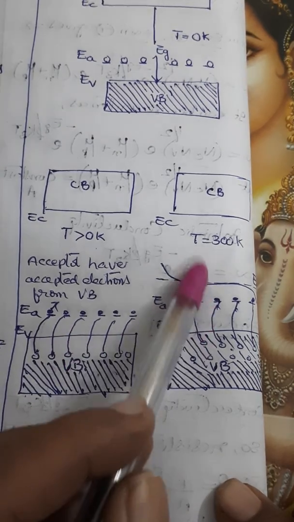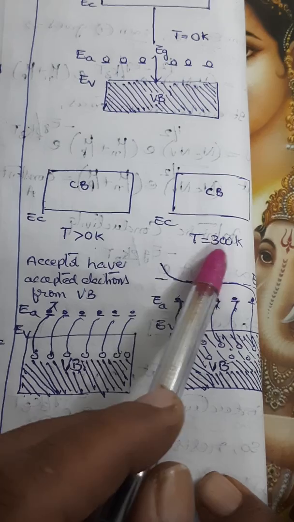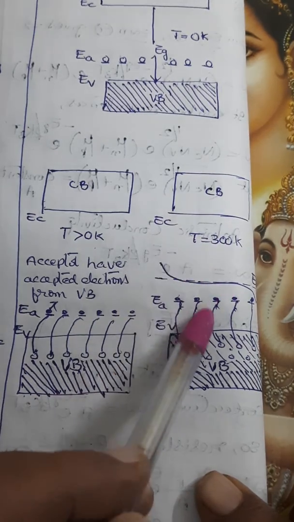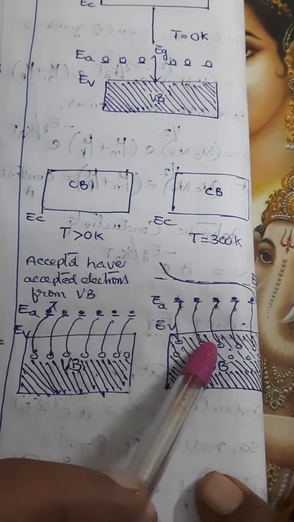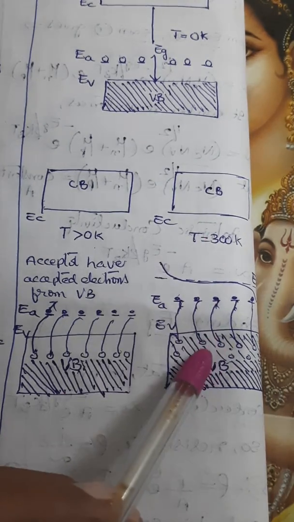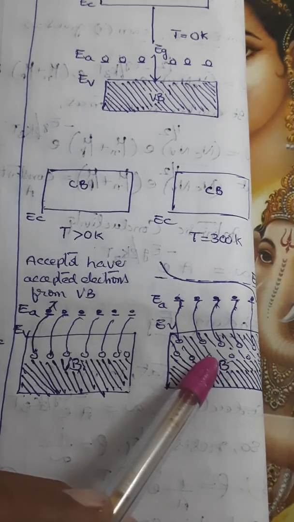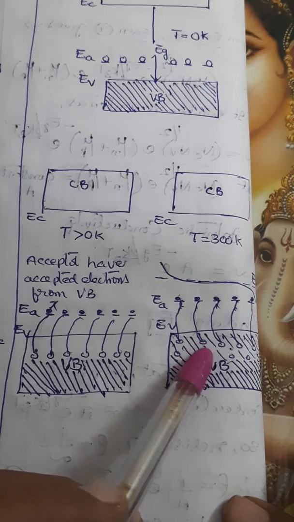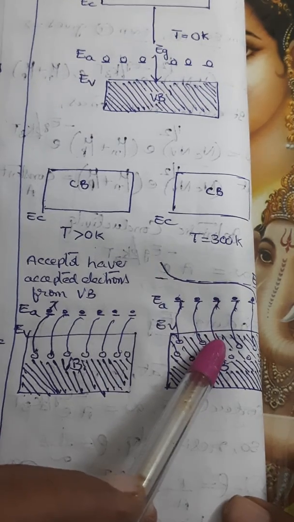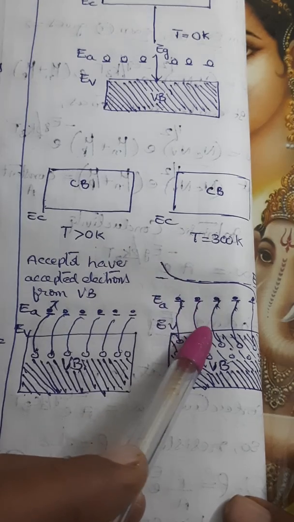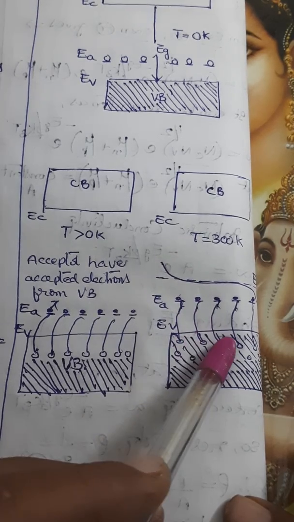If the temperature is further raised, for example 300 K, then due to breakage of covalent bonds, electrons enter into the conduction band, leaving more holes in the valence band. So as a result, what happens? Holes become majority carriers and electrons become minority carriers. Quite opposite to the N type. Therefore here P is more. So therefore P is greater than N.